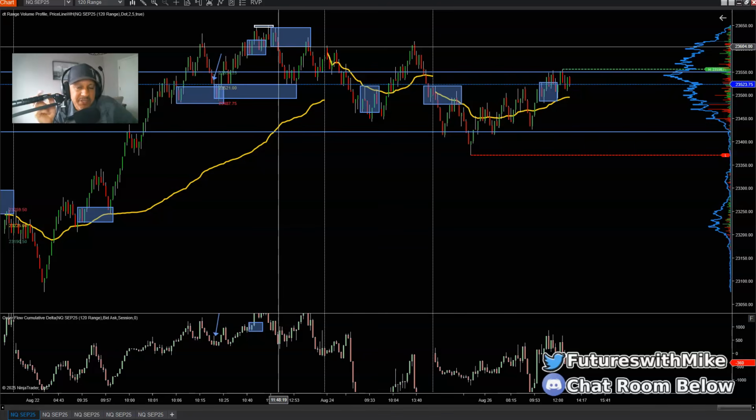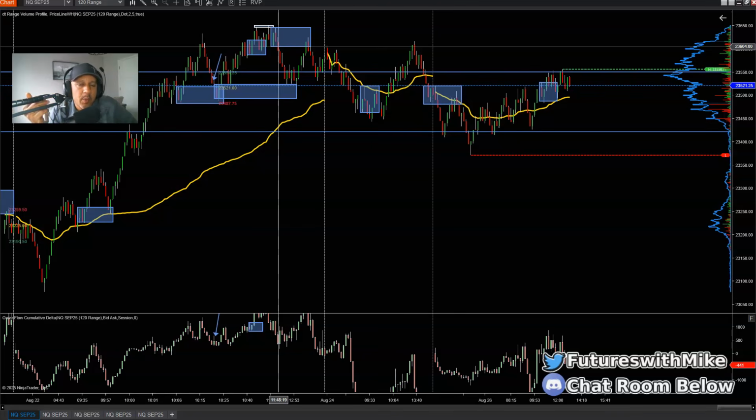I'm going to show you today an example of a trade setup that I took going short, and it was all based on the accumulation of orders resting at a key area where the market made a high. It could be a low, but in this case it was a high. There were offers hitting at this particular area where the high was being made, and the market didn't want to break through, so there was absorption taking place.